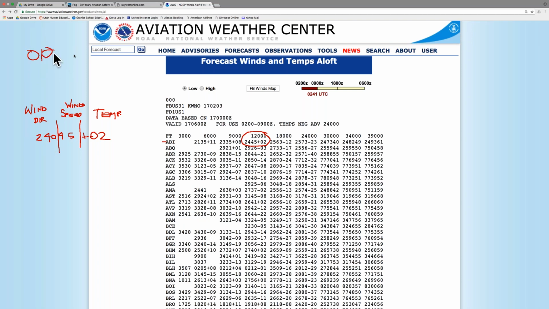Perfect, 10 degrees. Okay, wind speed 45 knots. We just read this number straight up. This is always going to be in knots.